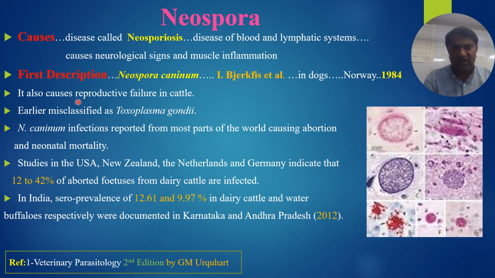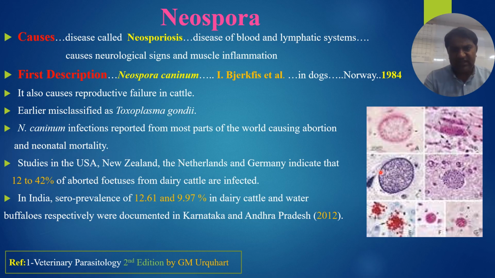It also causes reproductive failure in cattle, and was earlier misclassified as Toxoplasma gondii. Neospora caninum infection is reported from most parts of the world, causing abortion and neonatal mortality.